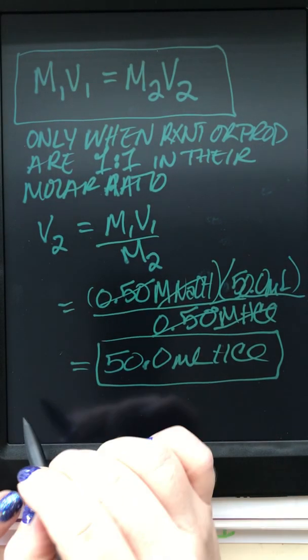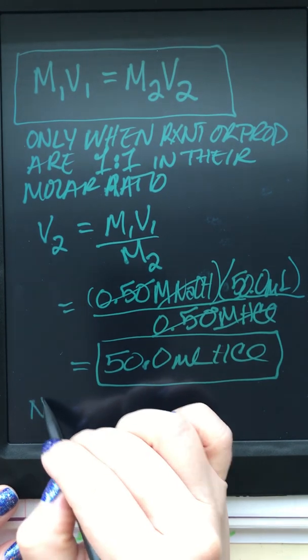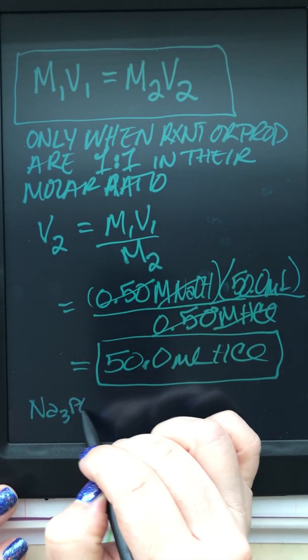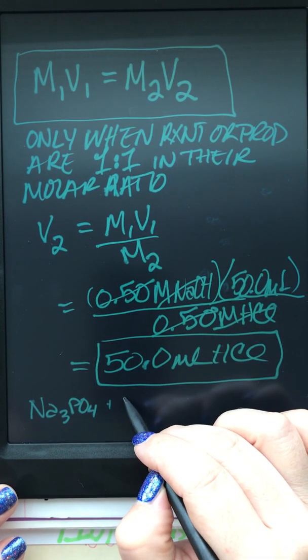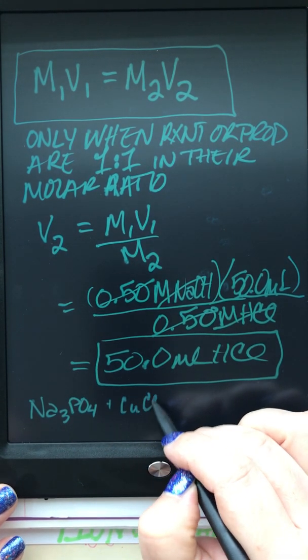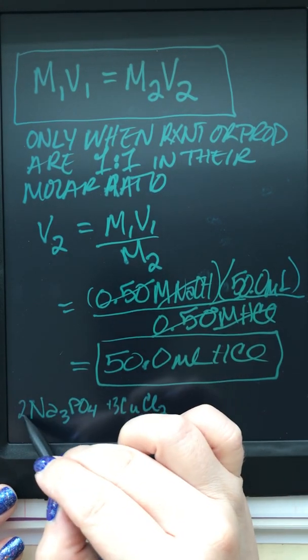Right? So let me just give you an example of a chemical reaction where that would be the case, right? So if we were doing, let's say we've used this one a lot. 3, 2.